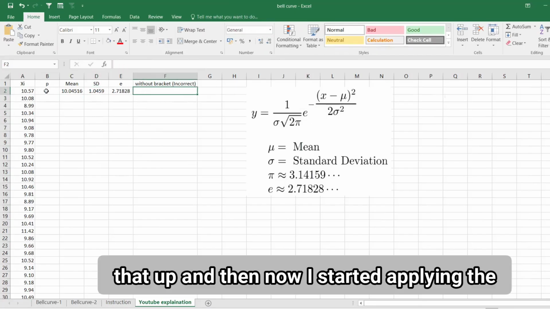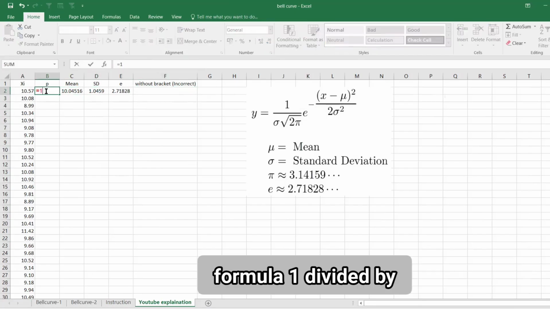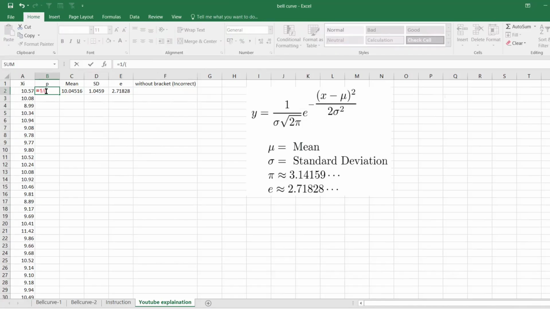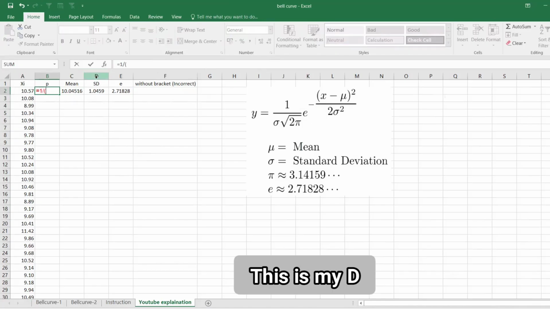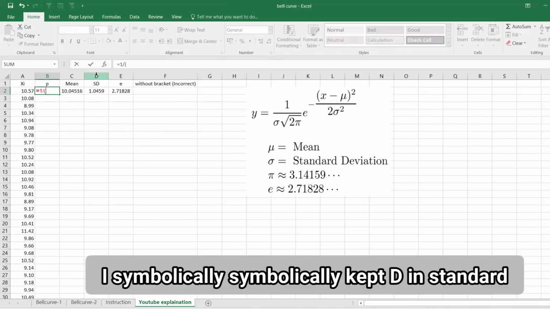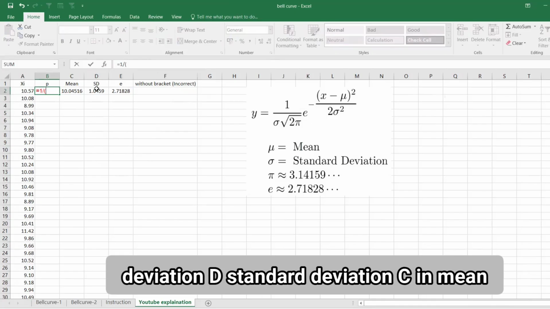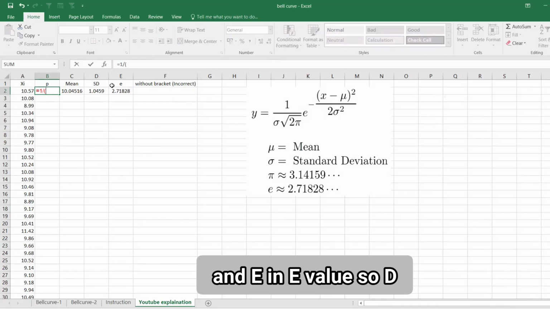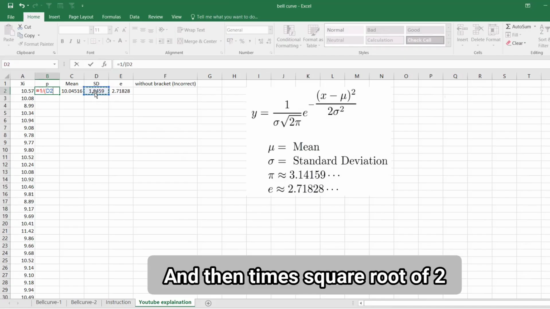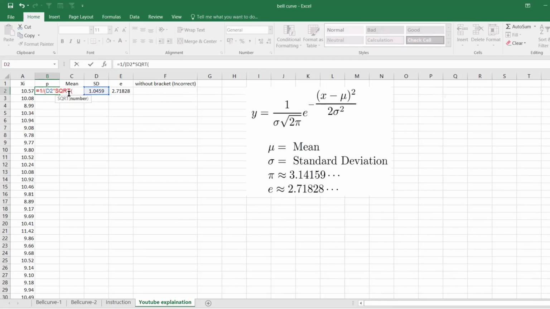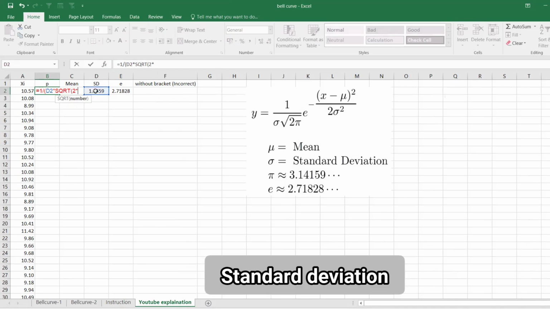And then I started applying the formula: 1 divided by standard deviation. This is my D. I symbolically kept D for standard deviation, C for mean, and E for the E value. So D, and then times the square root of 2, times standard deviation.